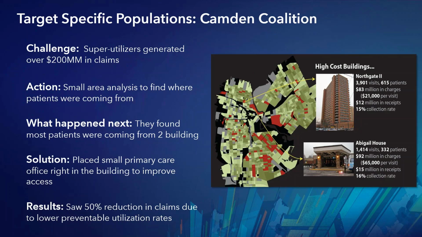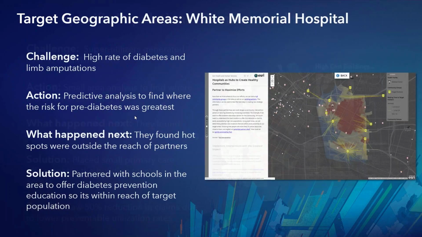utilization rates. There's another example where we worked with a nonprofit hospital that was doing their community health needs assessment, and they wanted to look at it from a different angle. They were looking at partnering with community groups. They wanted to look at the overall accessibility to those different community groups and organizations, and support groups and projects around reducing diabetes.